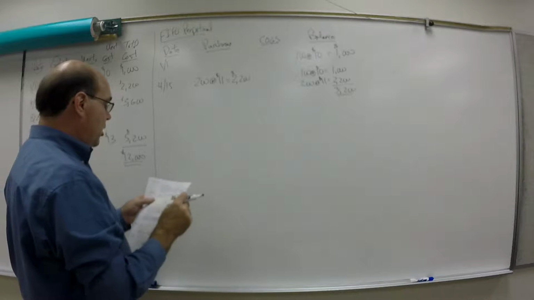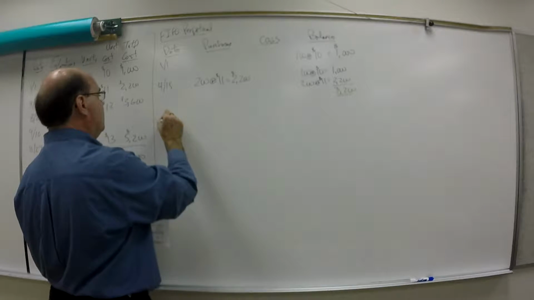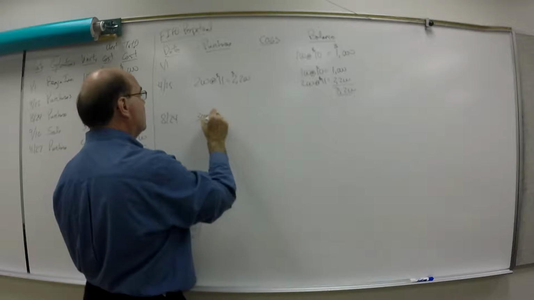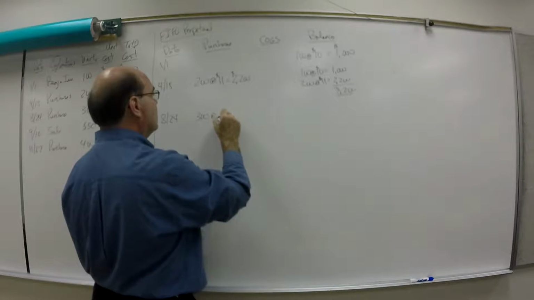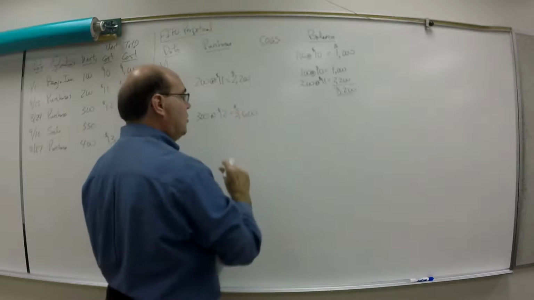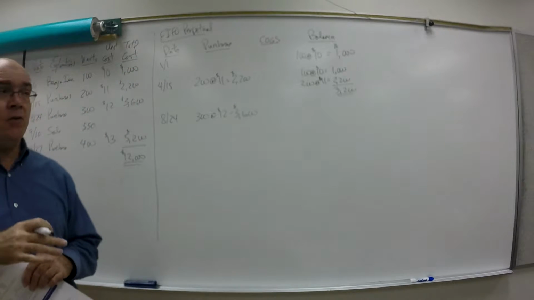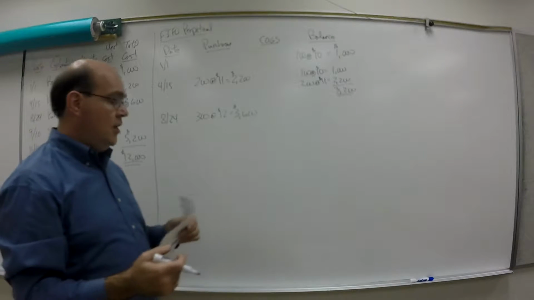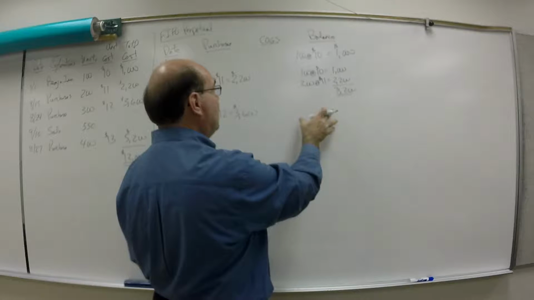Then we keep going. Well, in August, on 8/24, we had another purchase. We had 300 at 12. That was $3,600. So we debited inventory on that date for $3,600, and we credited payables or cash. Okay. Now we come over and we say, well, what do we have in our balance?